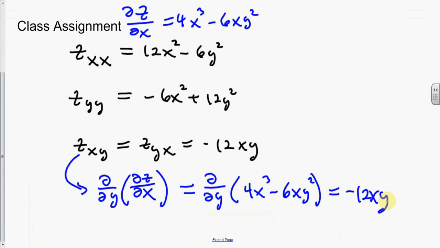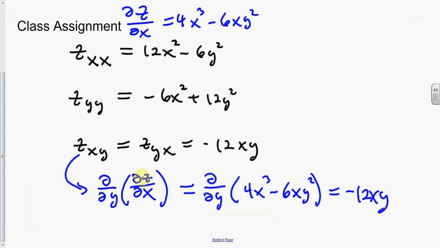All right. Any other questions? Right here? Yes, sir. This says this is the partial with respect to y on the partial of z with respect to x. So what's in parentheses, you compute that first.